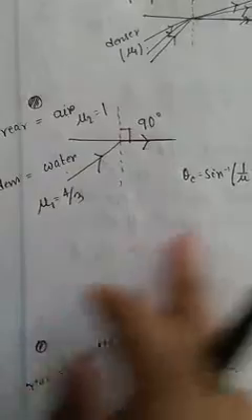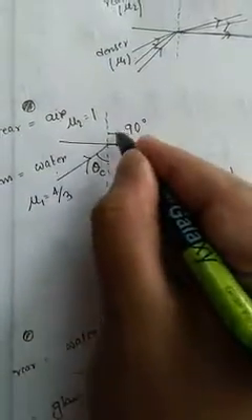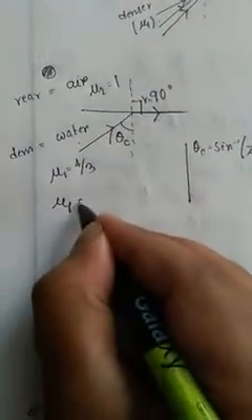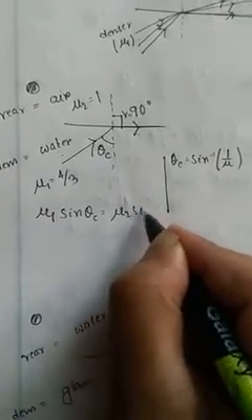Now apply Snell's law. You can apply this formula directly. Before that, just look at this. This is theta c, we have to calculate this, and this is r, that is 90 degrees, given. So I am applying the formula: mu1 sine theta c equal to mu2 sine r. This is the general formula of Snell's law.